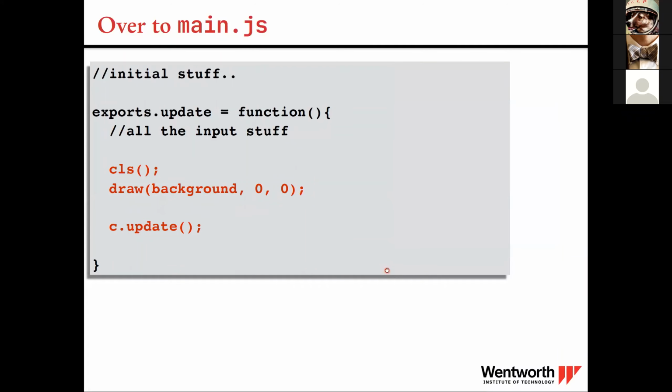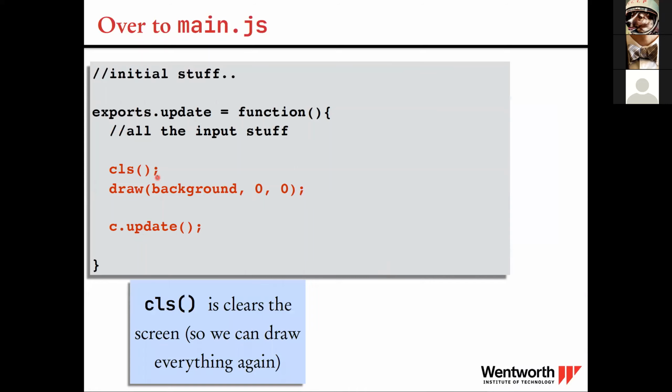After all of the input stuff, so all the input stuff is here, we're going to have some of the drawing stuff. The first thing I'm going to do is CLS. This clears the screen so that we can draw everything again. Essentially every frame, we're drawing all of the tiles every single time. Now, the nice thing about Pixelbox.js is that it is very fast at doing this.